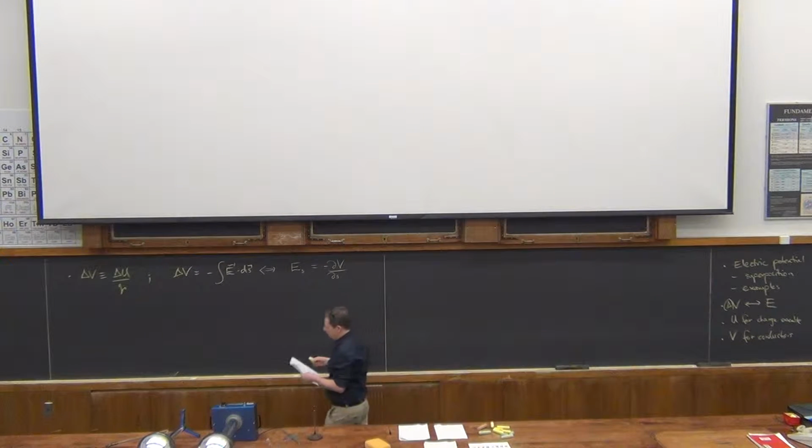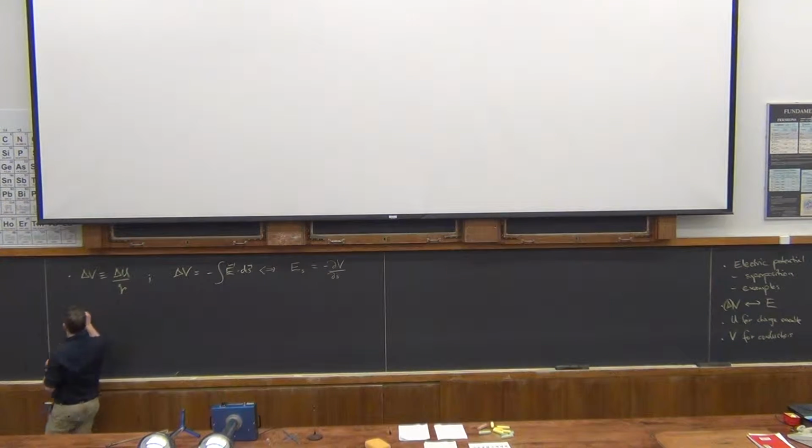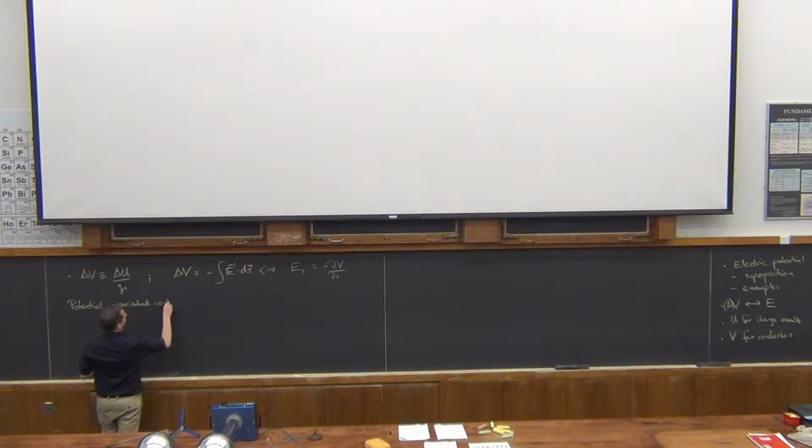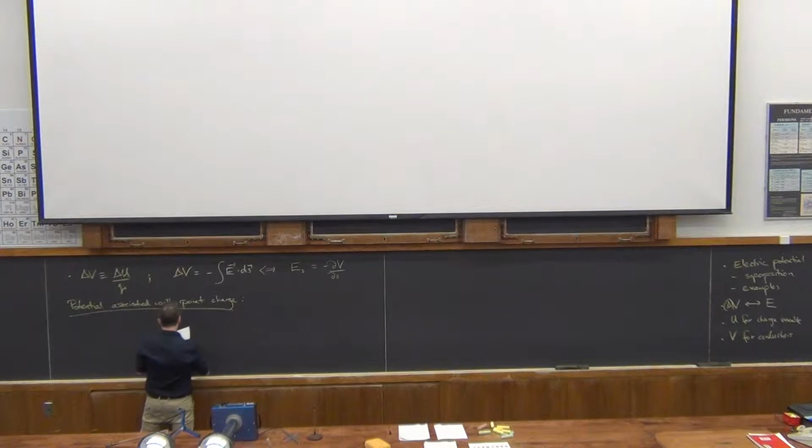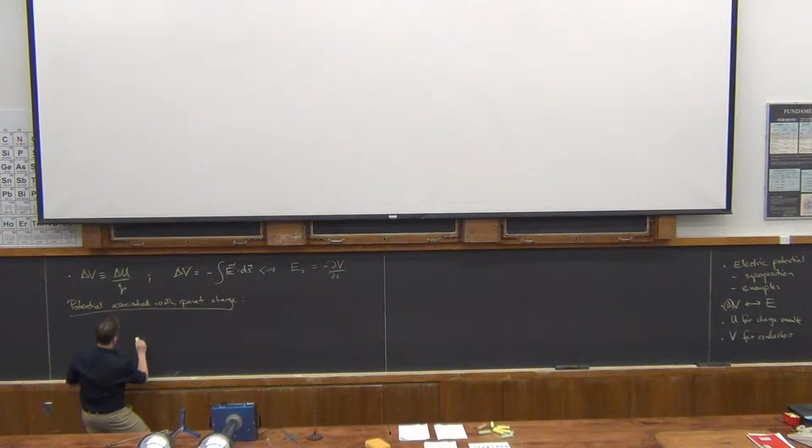So, with that in mind, let's talk about now the potential. This is going to be absolute in a moment, associated with a point charge. And we're going to figure it out simply by making use of this definition of how we can calculate the change in potential.